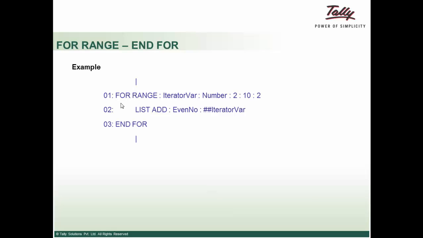So for range, variable name, the data type that this would be of type, 2 is the starting number, 10 is the ending number, incremented by 2. So 2, 2 plus 2 is 4, 4 plus 2 is 6, 6 plus 2 is 8, and 8 plus 2 is 10. So that's how this will give you an output.